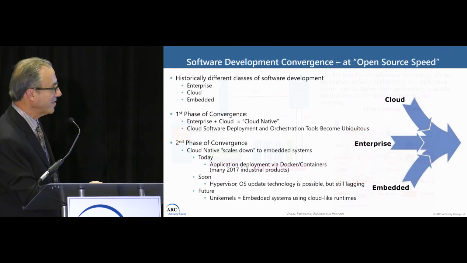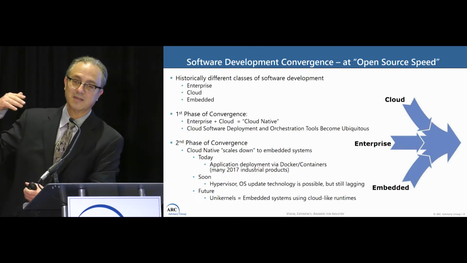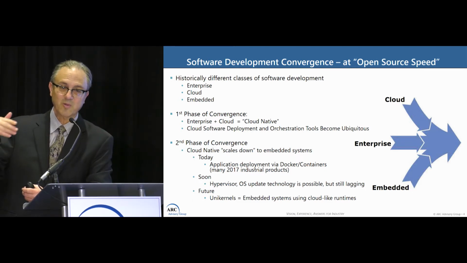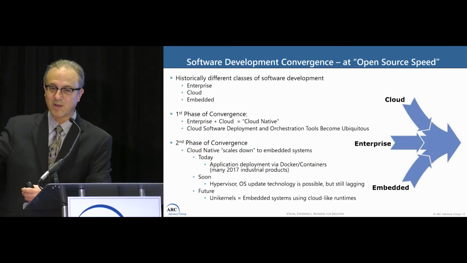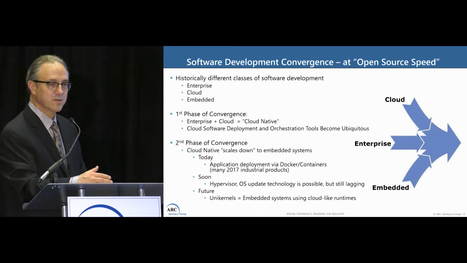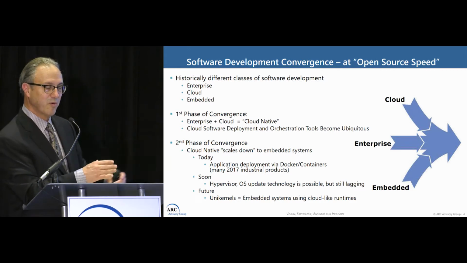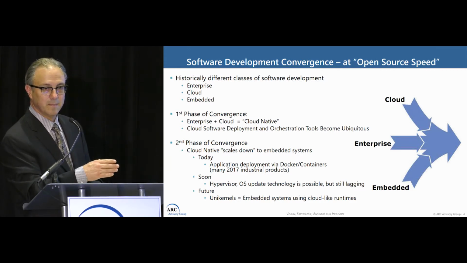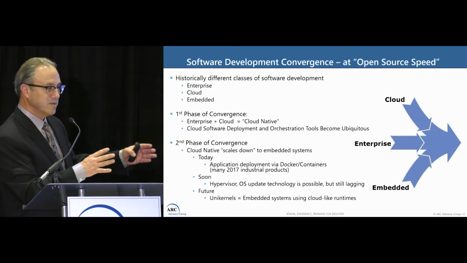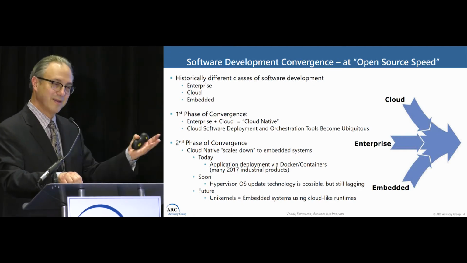Oh, one other point about that is that these kind of technologies move forward with open source speed. We're used to thinking, oh, we have a 5 or a 10-year deployment horizon in the industrial automation space before something gets into the mainstream. But the tools that are open sourced, they were in development for years before that, but tools like Docker, Kubernetes, OpenStack, Cloud Foundry, those are really relatively new by our industrial standards.